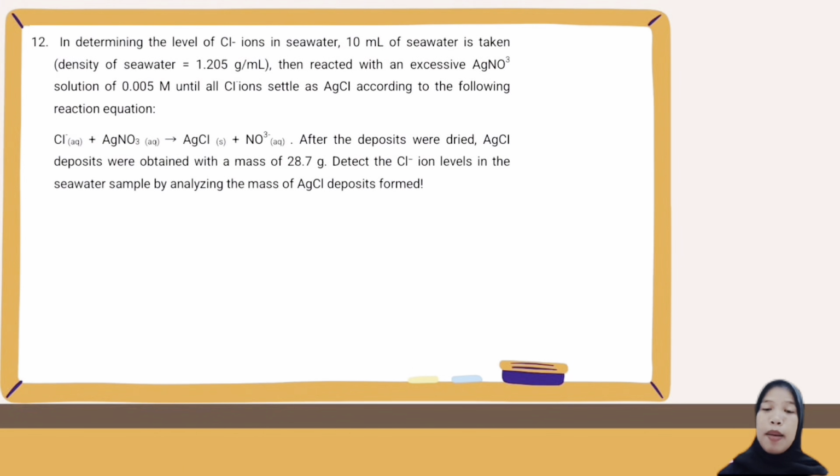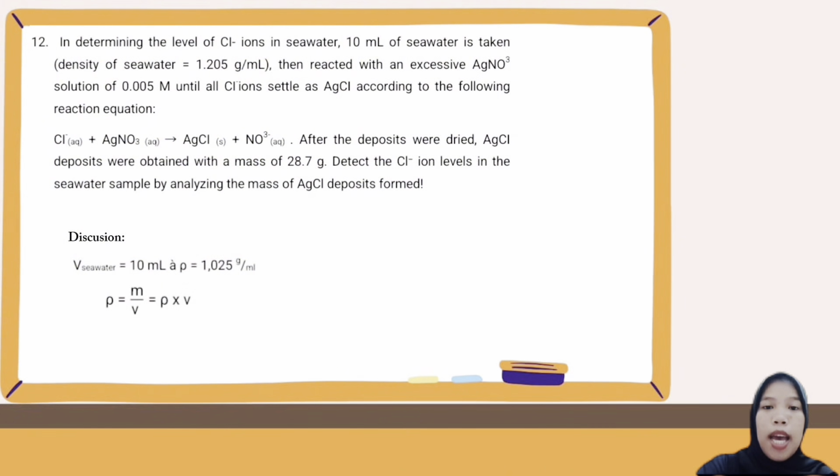In this question, namely determining the level of Cl- ions in seawater, the sample is analyzed by the mass of AgCl precipitate formed. Discussion. V seawater equals 10 ml, rho equals 1.025 gram per milliliter.